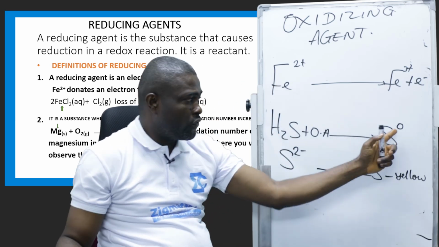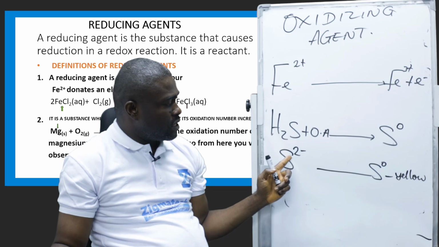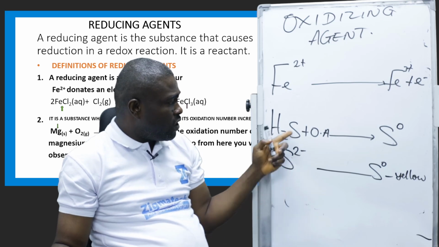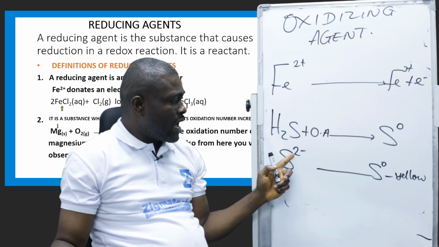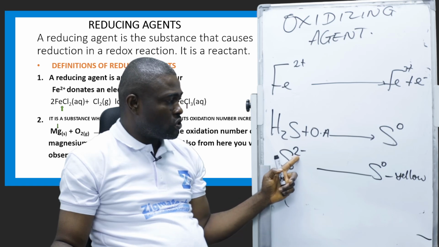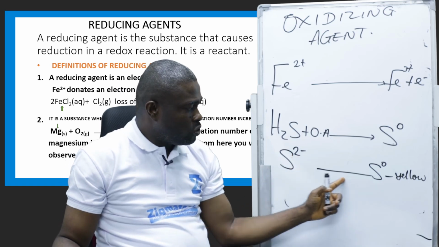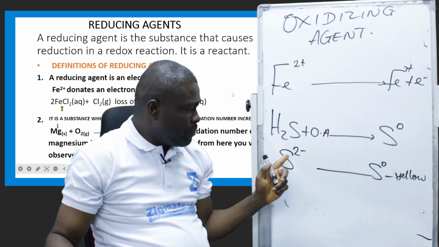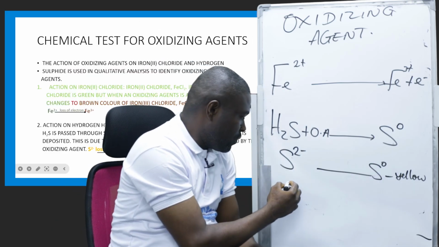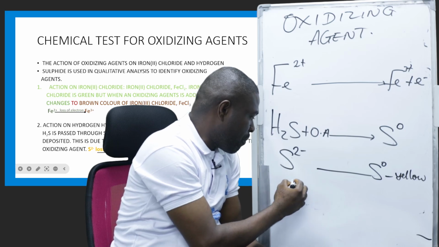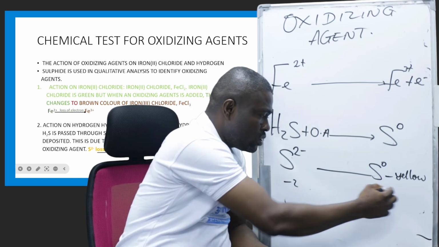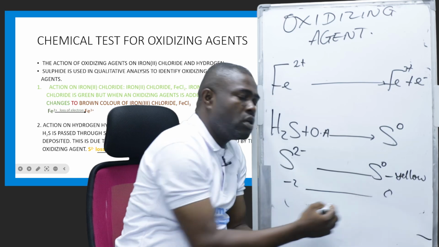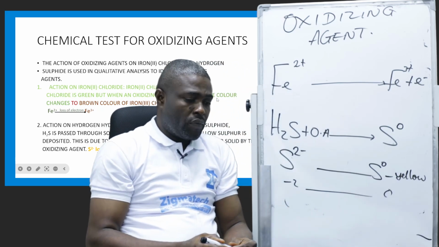The sulfur in hydrogen sulfide has an oxidation number of -2 and moves to neutral sulfur with oxidation number of 0. So the oxidation number increased from -2 to 0. Okay, that is that.